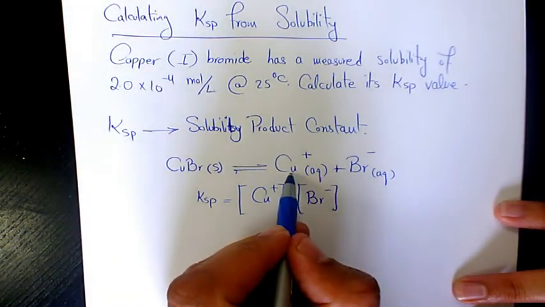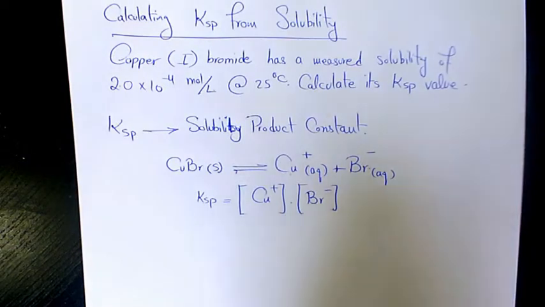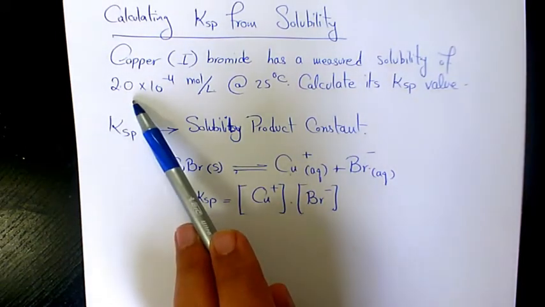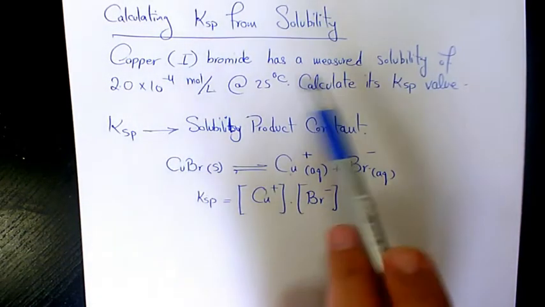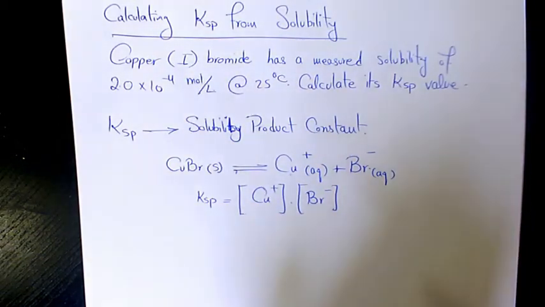Initially there is no ion here, none of them, so it is 0, but at the end of the reaction the concentration of each of these guys is going to be this amount, because that's the solubility of this salt in here.